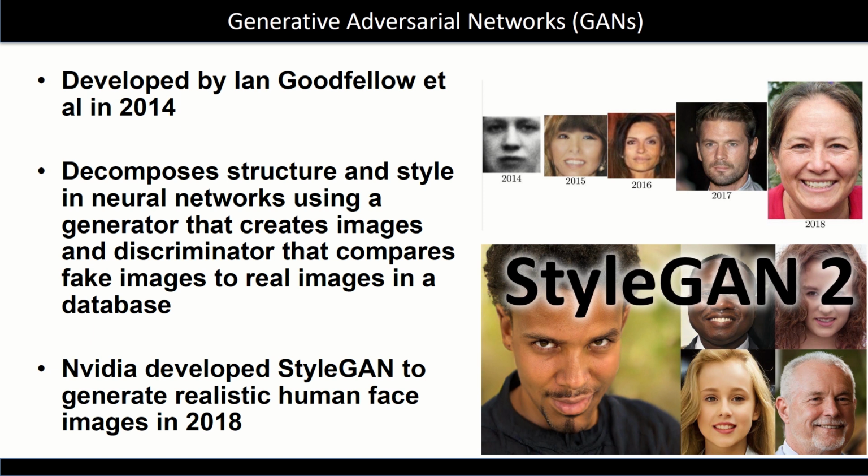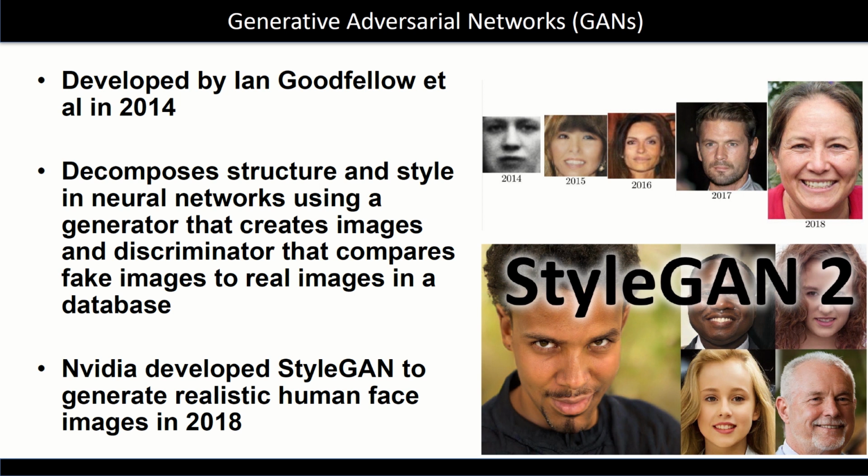GANs were developed by Ian Goodfellow in 2014, and they decompose structure and style in neural networks by using a generator and a discriminator. The generator plays a game with the discriminator, trying to fool it with fake images, and the discriminator uses real images in a database to compare with the fake images and decide whether they are real or fake.